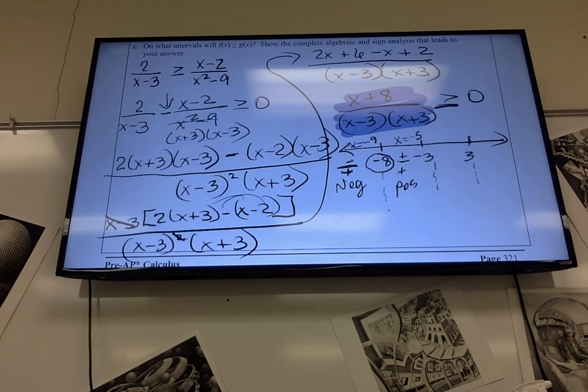A number in between negative 3 and 3, 0 is a great one to pick. Plug in 0, I get a positive on top, and a negative times a positive, so that's a negative on the bottom. It ends up being negative.